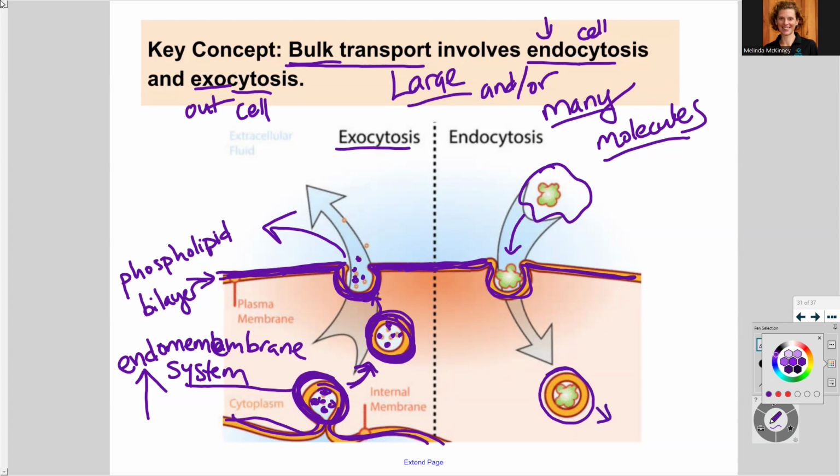And if this is going to be digested, so maybe it goes to, you guys remember the name of the component of the cell that has digestive enzymes? Lysosome. Okay, so it's going to merge maybe with the lysosome with digestive enzymes, and they're going to become one, and then this is going to be degraded. Okay. All right, so that is bulk transport.